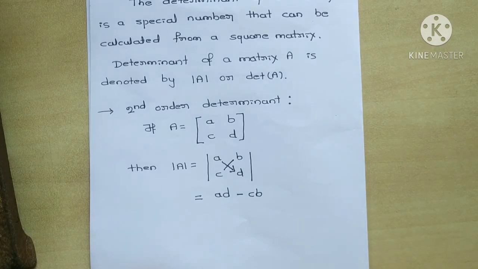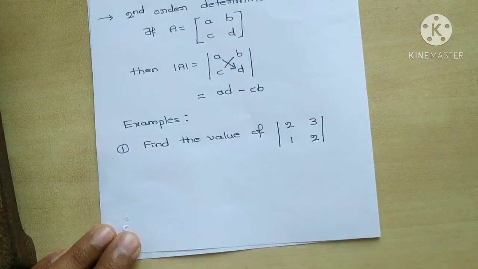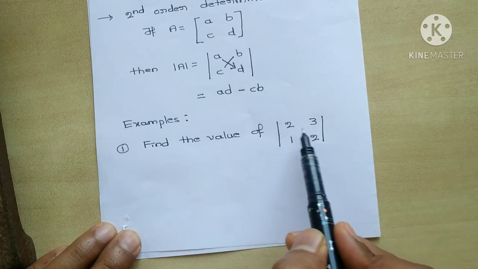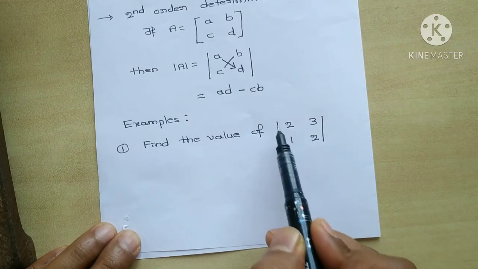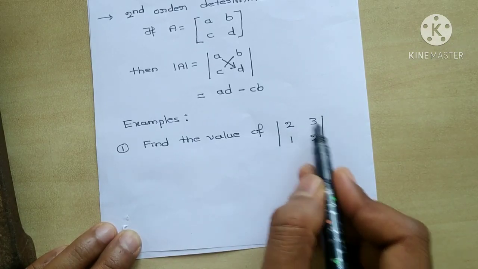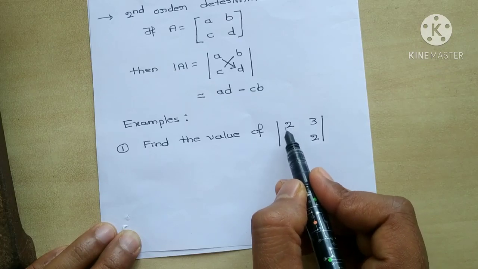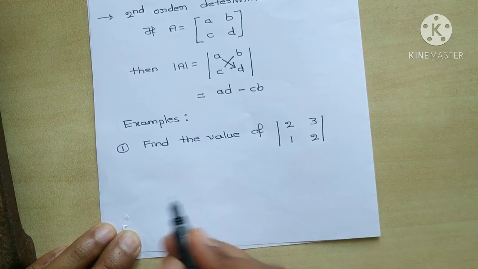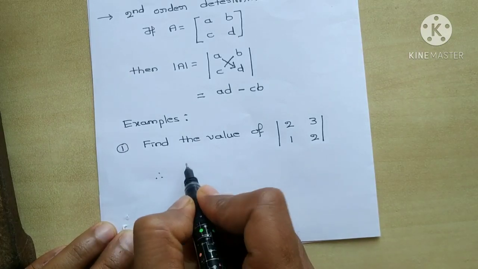So I will consider one example, in which you will understand how to find the value of a determinant using the second order rule. See example number 1. Find the value of the determinant [2, 3; 1, 2]. This is a second order determinant, because it has 2 rows and 2 columns. Solution: take that determinant.